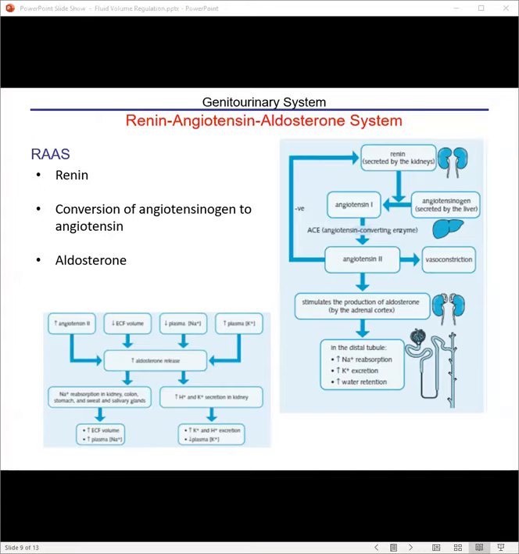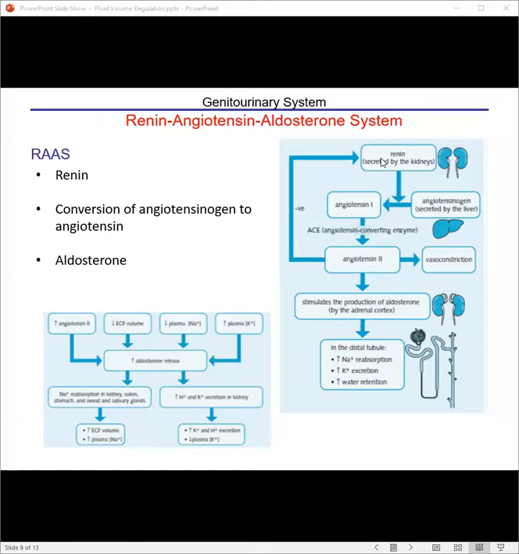Whenever plasma sodium decreases, this leads to a fall in the ECF volume, and this decrease in ECF volume is detected by the kidney, which causes the release of renin.